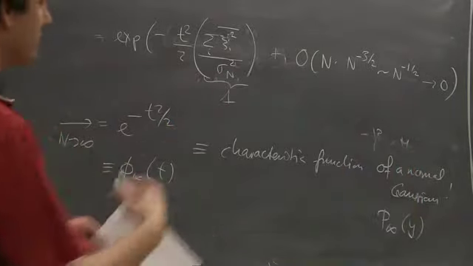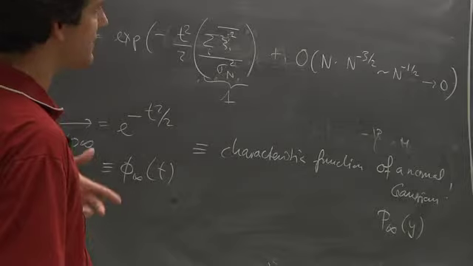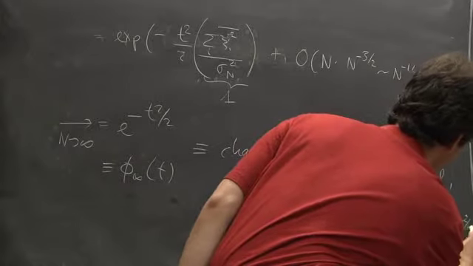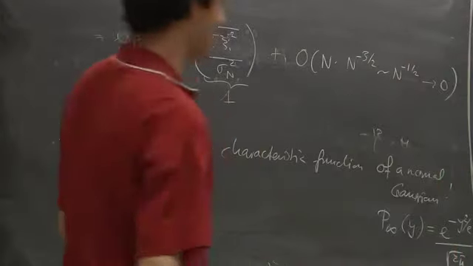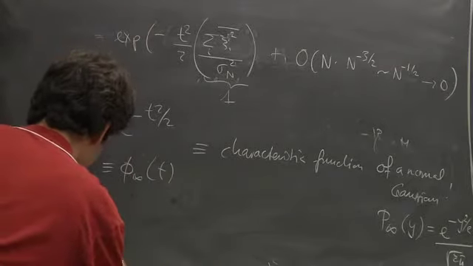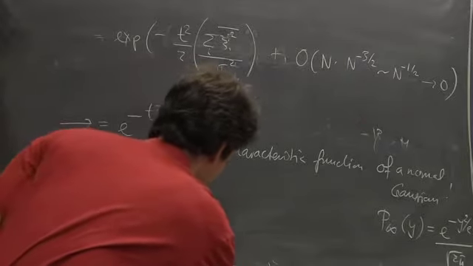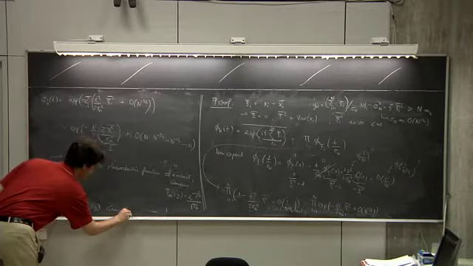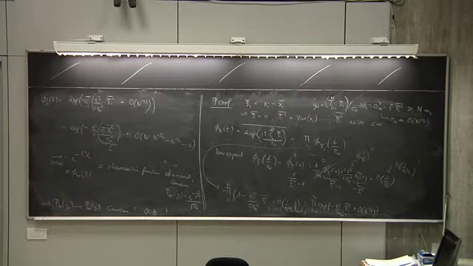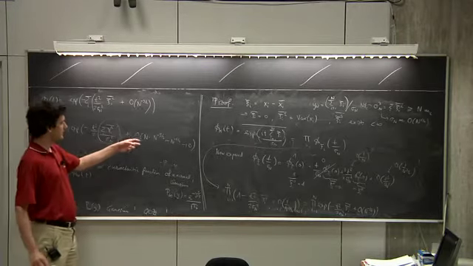And by the previous theorem that I stated, if phi n tends to phi infinity, it means that Pn tends to P infinity, which is just e to the minus y squared over 2 over square root of 2 pi. So Pn of yn tends to P infinity of y, which is Gaussian. And that is the central limit theorem. The distribution of our standard variables tends to the Gaussian distribution if n is large.